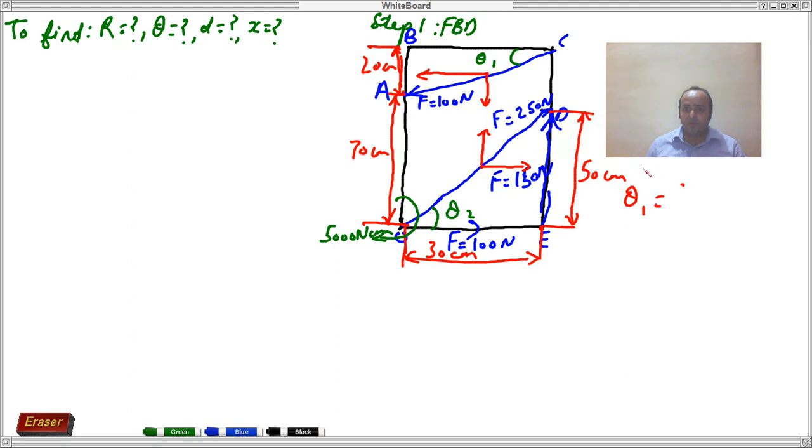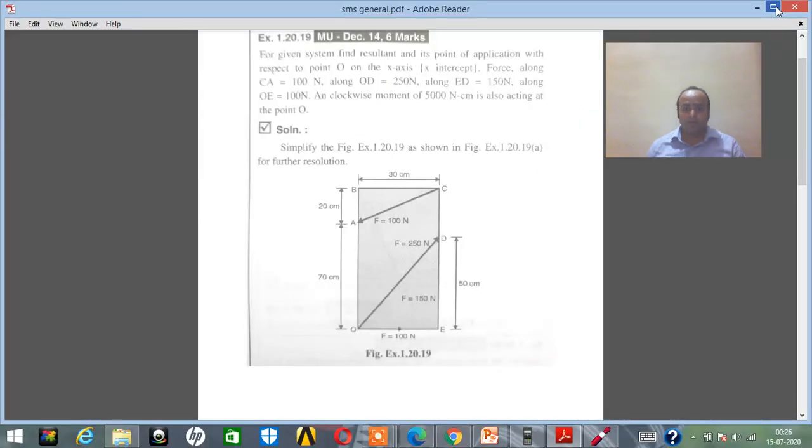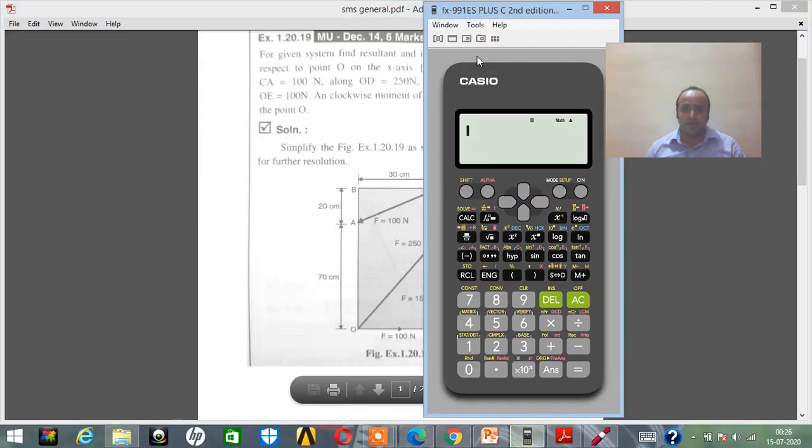Theta 1 is equal to tan inverse of, I'll be considering this right angle triangle, tan inverse of opposite, that is 20, divided by adjacent, that is 30. Now that is equal to the value, calculator will be started.